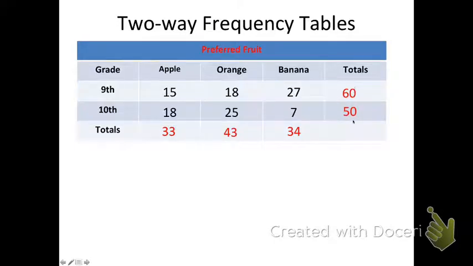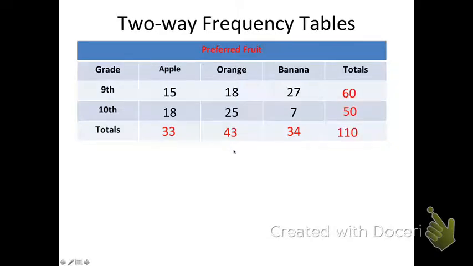So we have 60 and 50, which is 110 students. And if you look, that will always match up with the 33 added to the 43 added to the 34, which will give you 110. So this box down here is a total of all the students or all the people that are surveyed.